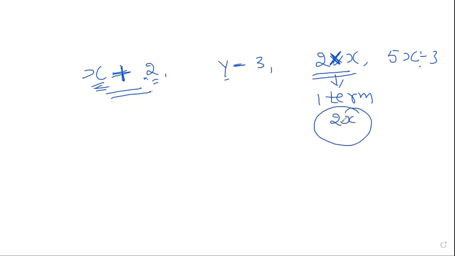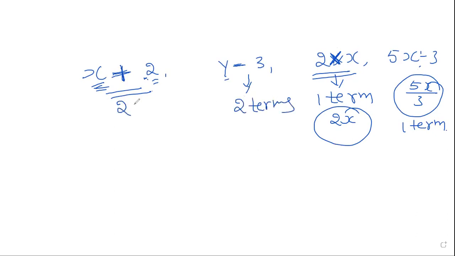So it will become a single term. So how can you write 5x by 3? Again, it becomes a single term. So here one term, and in the first two we can see two terms. Keep it in your mind. Terms are separated only by plus or minus signs.